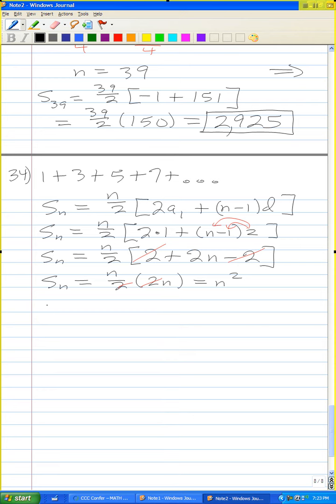So that means that 1 plus 3 plus 5 plus 7 plus, adding up the first n terms, is just equal to n squared. So if you add, well, 1 is 1 squared. So the square of 1 is 1 squared.